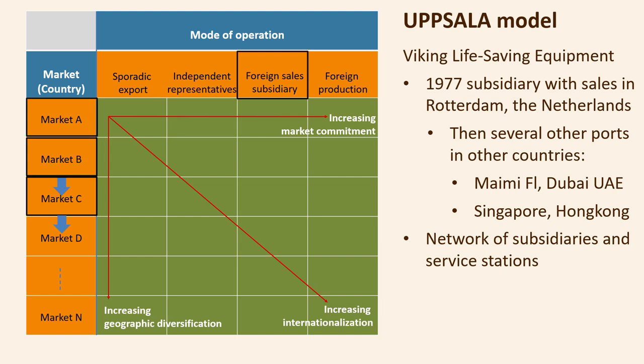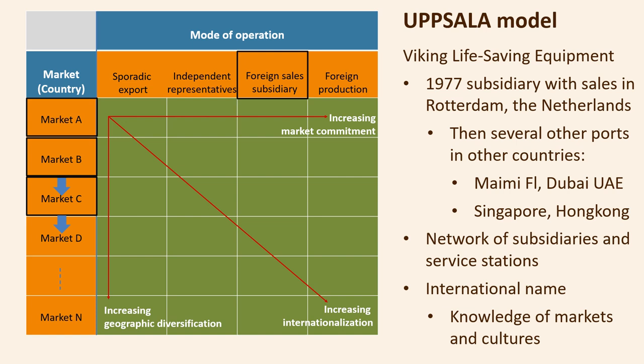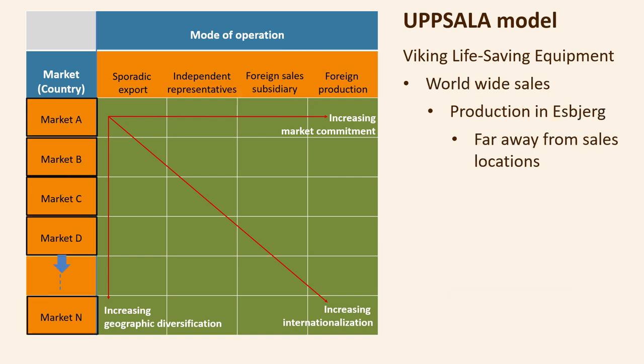With a network of subsidiaries and an extensive network of service stations worldwide, Viking life-saving equipment has gained an international name and essential knowledge of individual markets and cultures. As sales grew across Europe, overseas markets, and ultimately worldwide, the production capacity in Esbjerg became inadequate and far away from sales locations.